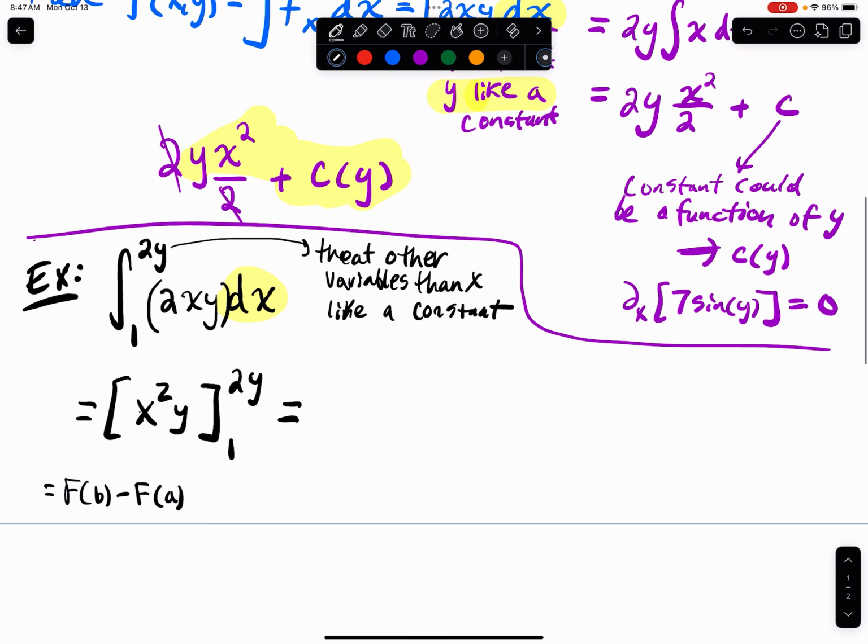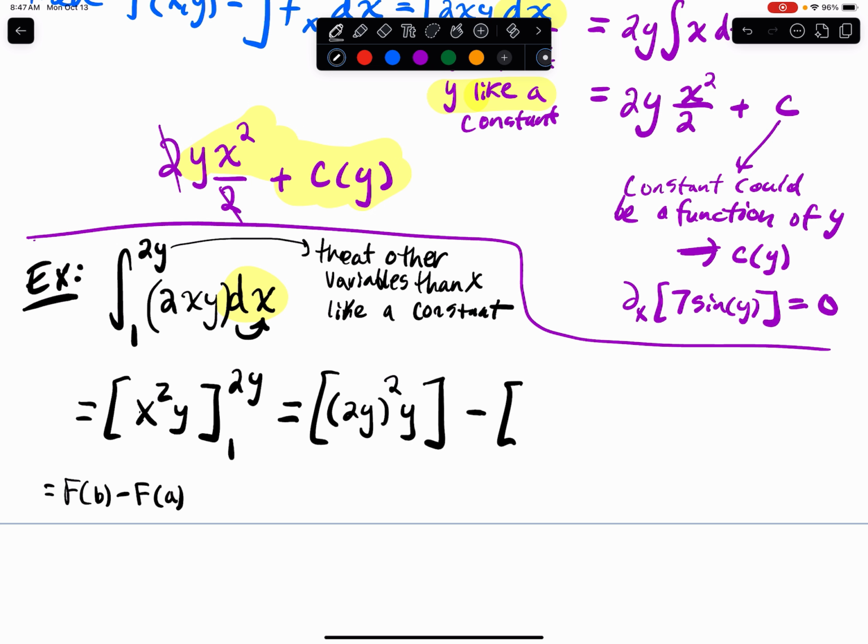Here, I'm integrating with respect to x, so everywhere I see an x, I'm going to put 2y. So this is 2y squared minus 1 squared, which produces 4y cubed minus y.